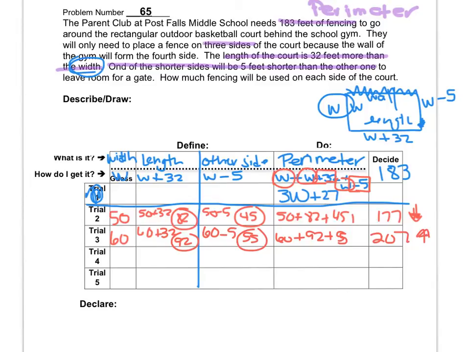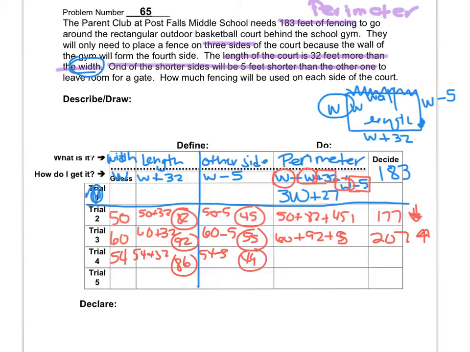So let's go with 54, because I feel like it was a little bit closer to 50. Remember, these were wrong, but even though they're wrong, they're good information. If I go to 54, my length would be the width, 54 plus 32, which is 86. And then my other side would have been 54 minus 5, which is 49.